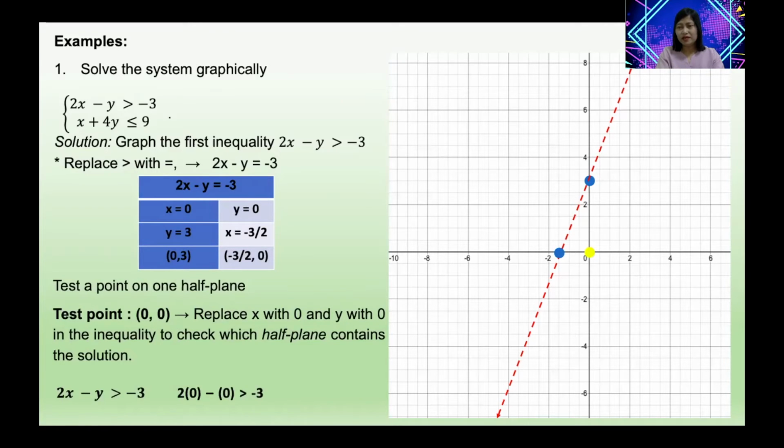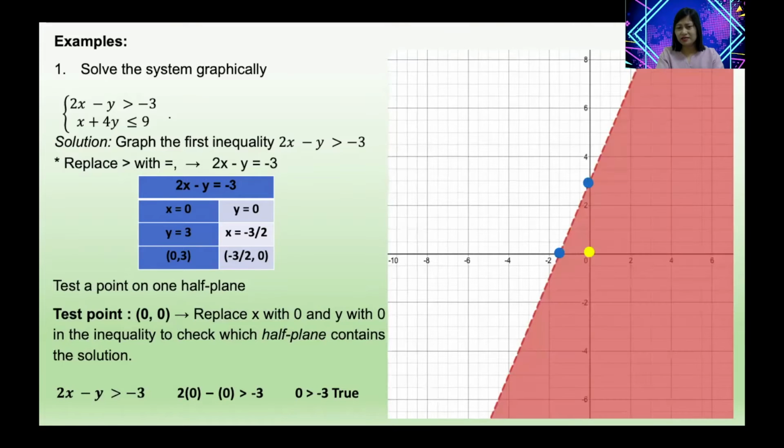The resulting inequality is 0 is greater than negative 3, and it is true. Meaning, our test point, (0, 0), is a solution of the first inequality. So we will shade this region. This is now the graph of 2x minus y is greater than negative 3.